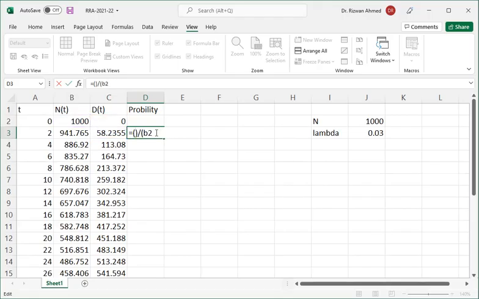It should be B2 minus B3 divided by B2, and then divided by the delta t time, which is equal to, in our case, 2, right? So it is this number.